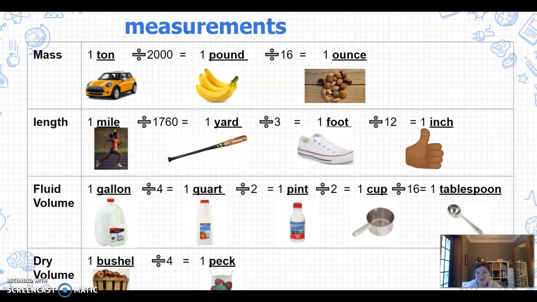Making those conversions is not so simple. 1 gallon divided by 4 equals 1 quart, divided by 2 equals a pint, and then from there we go to cup and tablespoon. So these would be measurements of a liquid. And a bushel and a peck, a little less scientifically known. We're not going to be using those types of measurements for dry volume. They're a little bit more arbitrary.